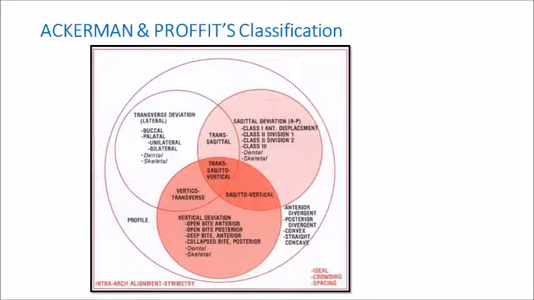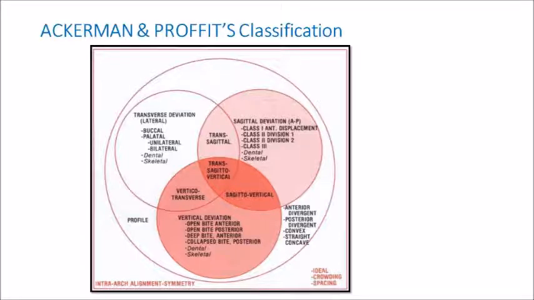So the questions can also appear like that. Earlier when you go through a dental PG or anything, you can see that they ask questions like what is the outermost set in Ackermann's profit classification, or what is the second set in Ackermann's profit classification. But since we are now giving an online exam, they can themselves give this diagram to you, and one of these sets can be missing. They will give the outer set as alignment, and transverse, sagittal and vertical deviations might also be written there, but the profile might be missing.